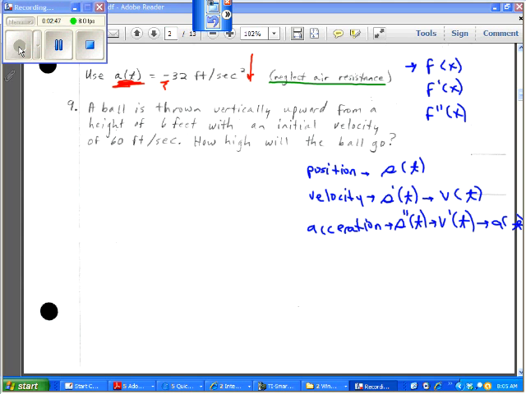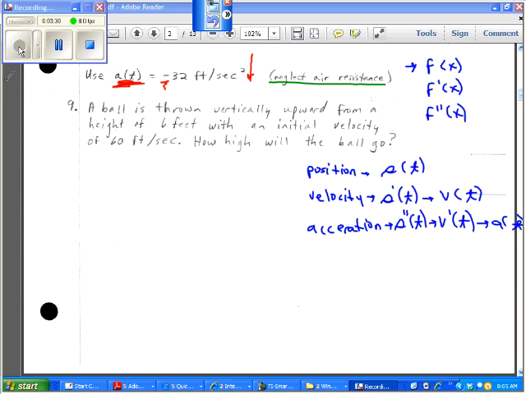And then we have acceleration, with gravity pulling down, which is the rate at which the rate is changing. It's the rate at which gravity is changing that velocity. So velocity is the rate at which the position is changing, and acceleration is the rate at which velocity is changing. Of course, acceleration is going to affect position because it's changing the rate at which velocity is changing position. That sounds a little bit complicated, but that's kind of where we're at.